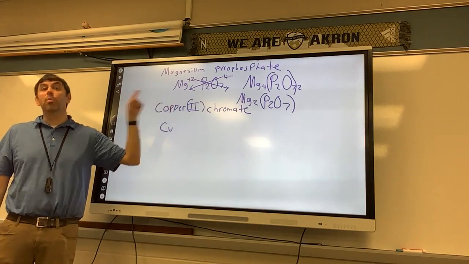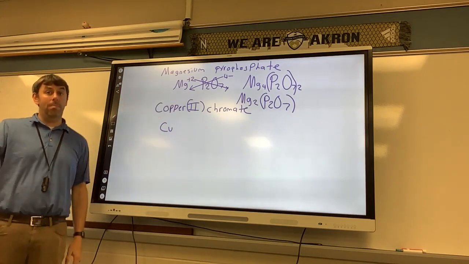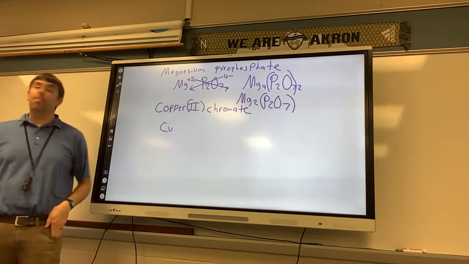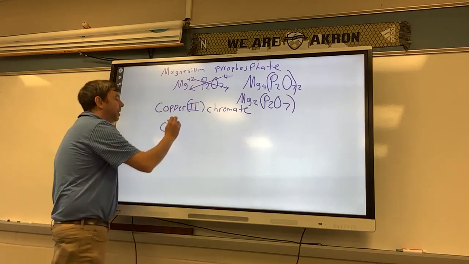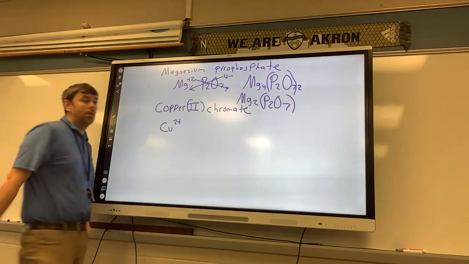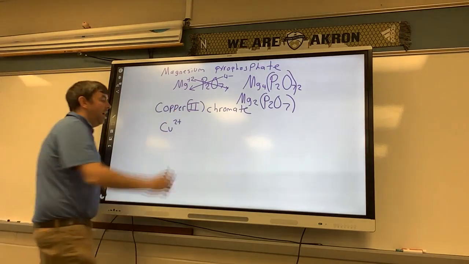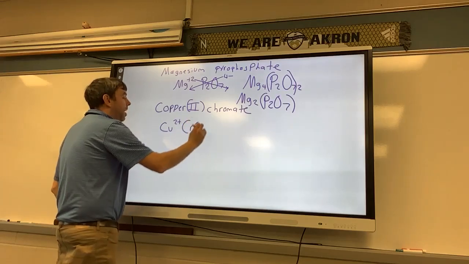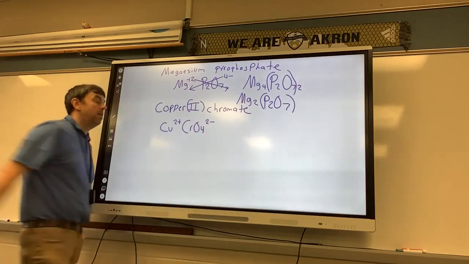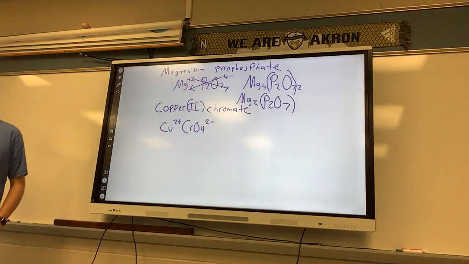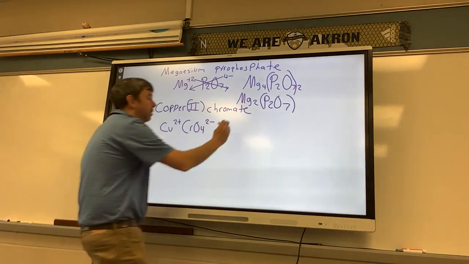It's here in the Roman numeral, right? Yes. We're combining what we've been doing the last 2 days. So this is a 2 plus from the Roman numeral. Look up chromate. CrO4 with a 2 minus. Is that a perfect match? Yes.